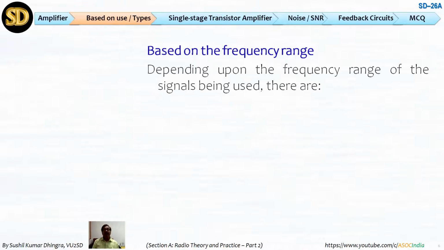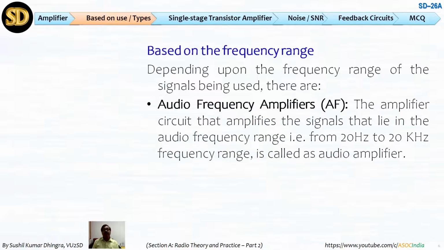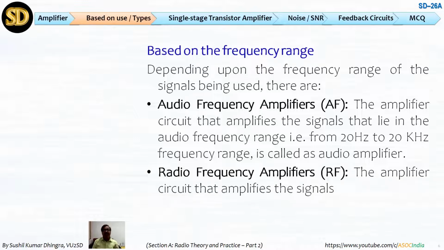Based on frequency range, that is very important, because frequency starts from 0, DC. For audio frequency, which you are listening to right now, the range is from 20 Hz to 20 kilohertz, and this type is called an AF amplifier, audio frequency amplifier. In the same way, if it uses high frequency, it is a radio frequency amplifier.